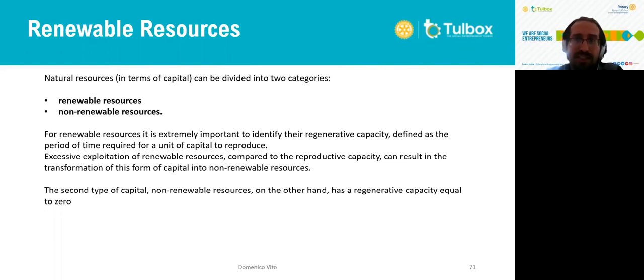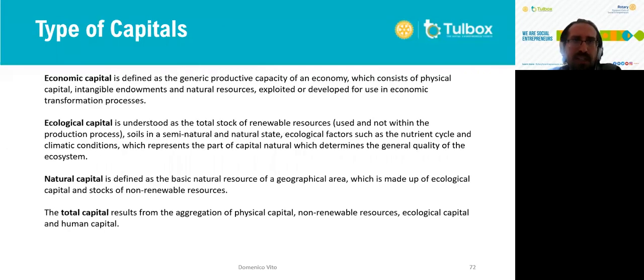So, given that, we can define different types of capital if we want to talk about sustainability. Surely you know the economical capital, which is the most known, at least in our culture. The economical capital is the one defined by the human community as what allows the possibility to act and do certain things.